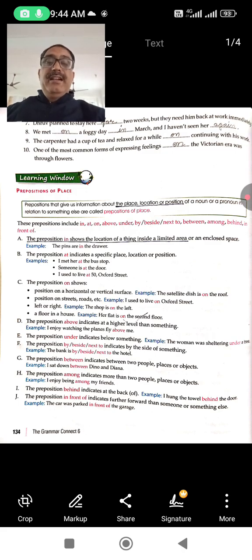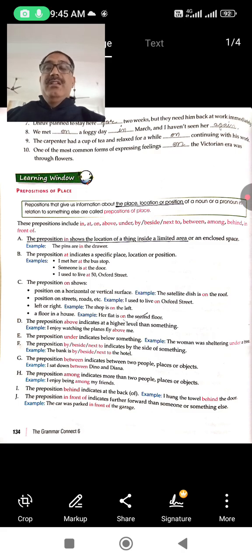Here you will see the preposition behind, which indicates at the back of. Example, I hung the towel behind the door. Here behind is used in this sentence as a preposition. Next, the preposition in front of indicates further forward than someone or something else.